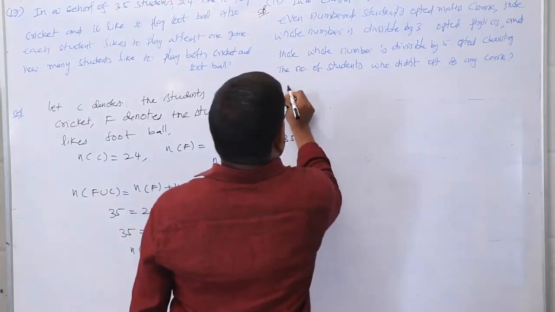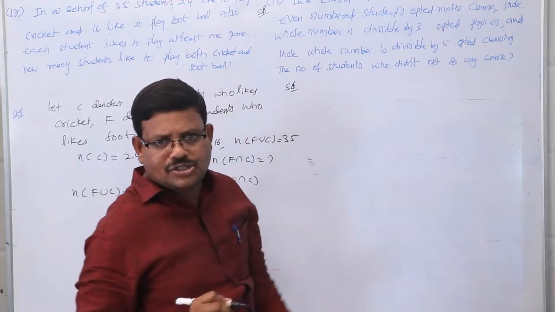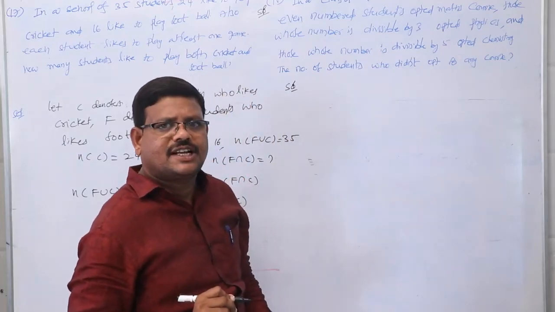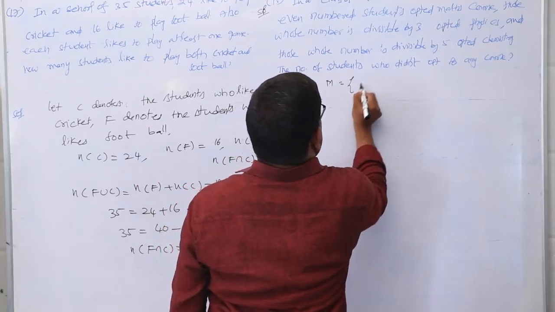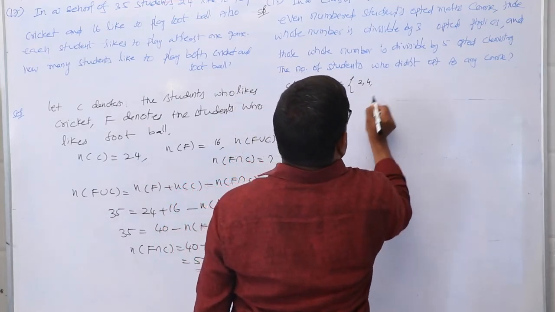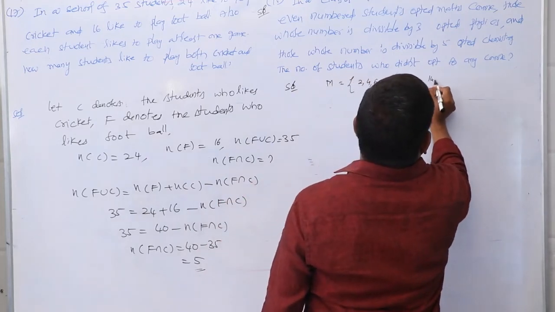Next, let M denote the mathematics, P denote the physics, and C denote the chemistry. M equal to set of even numbers 2, 4, 6, 8, up to 140.